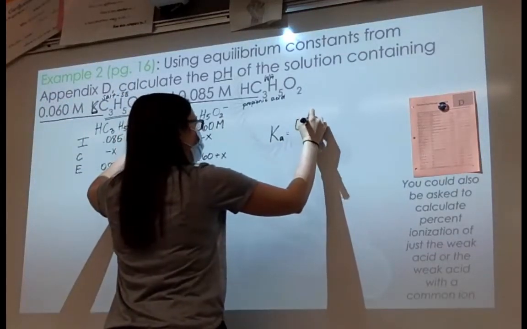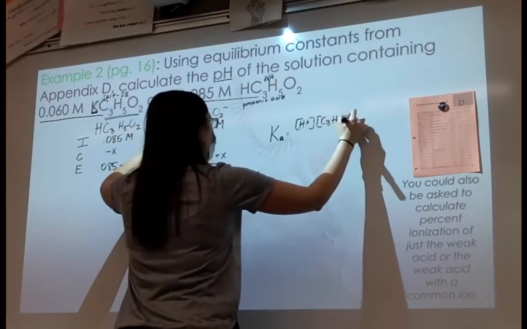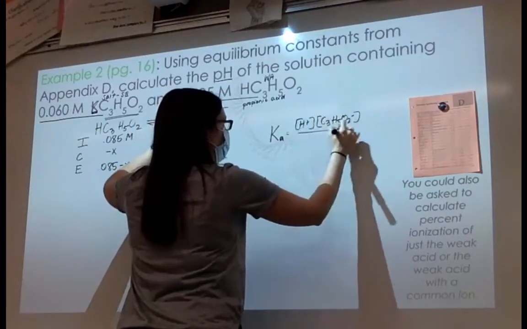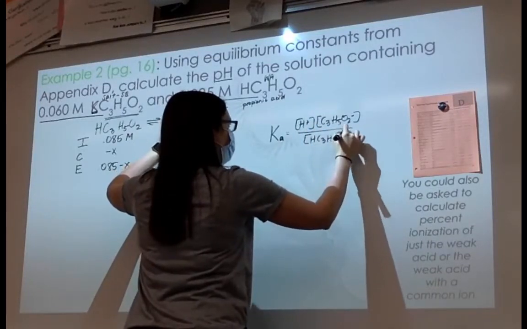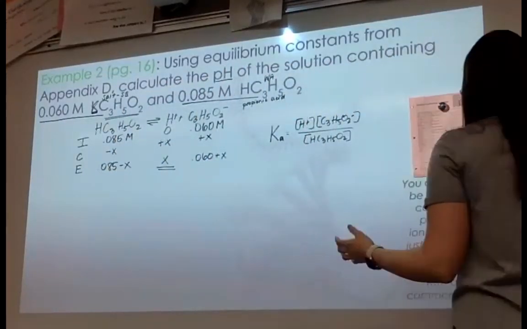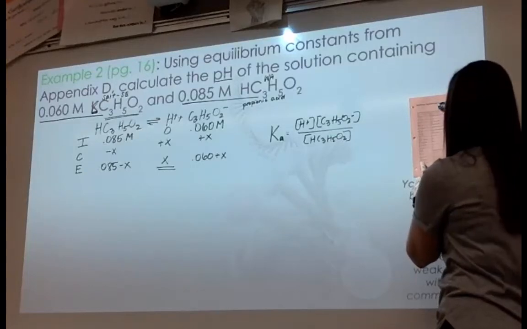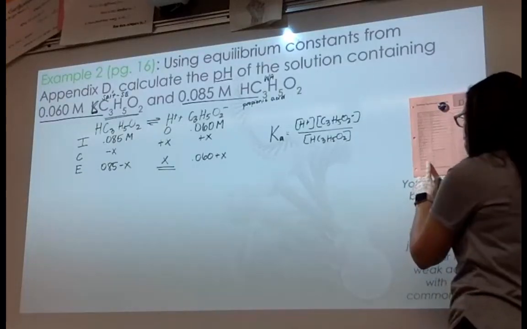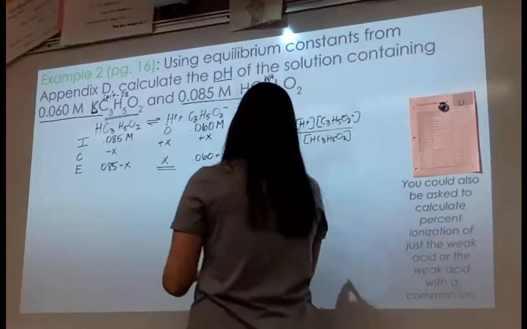So Ka is the concentration of H plus times the concentration of the propionate ion over concentration of the acid. Now I know they gave you Ka in your notes, but if they didn't, you look on Appendix D, propionic acid. Ka is 1.3 times 10 to the negative fifth.